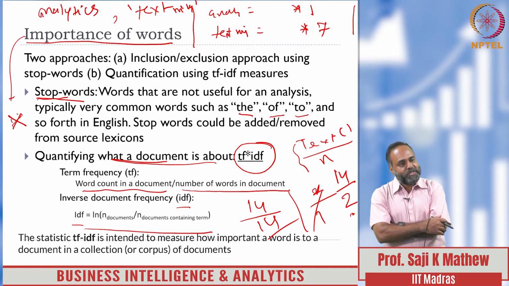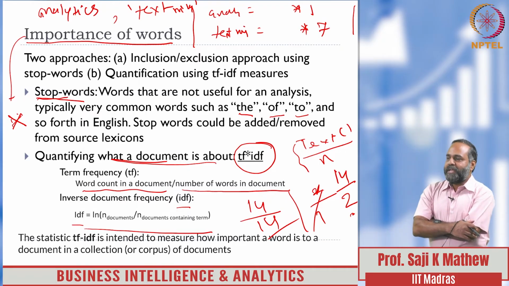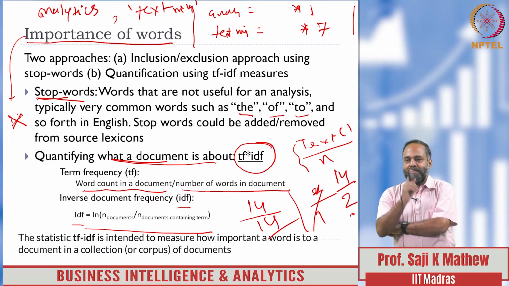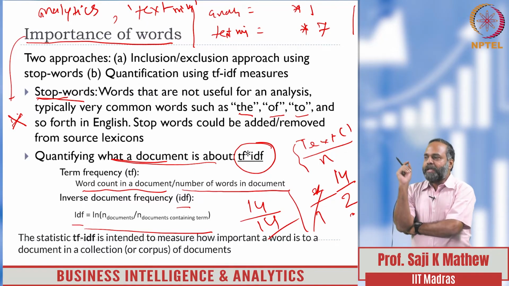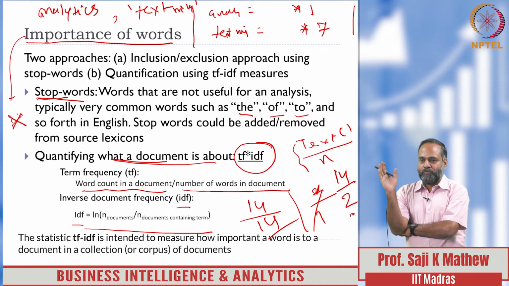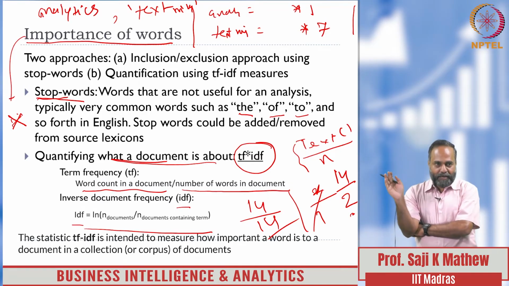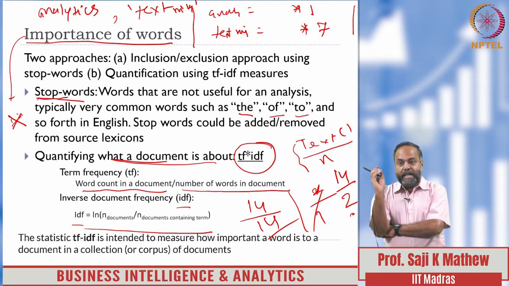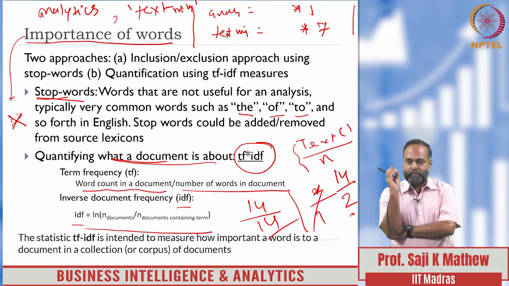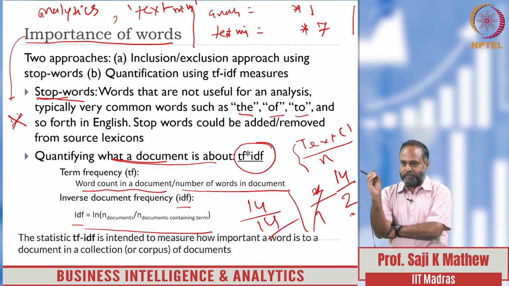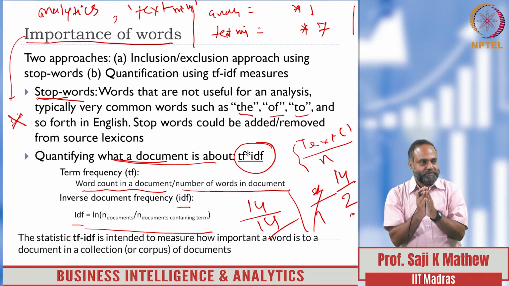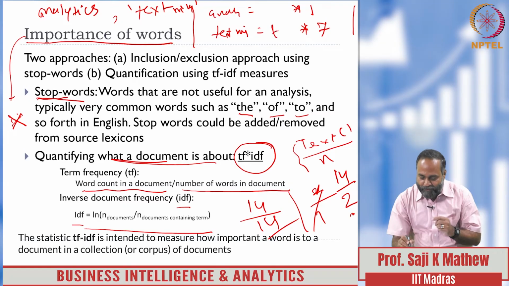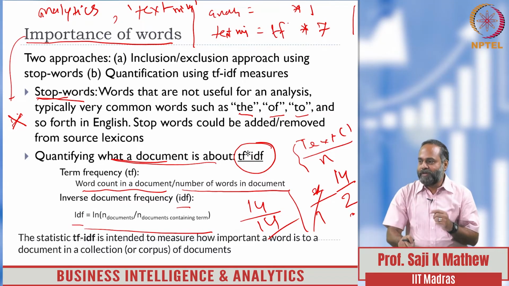Now do you get a sense of why you use the IDF? Analytics is a repeating common word; it is there everywhere. But text is a very niche or unique word, and it is available only in one document, and TF will give you how important that word is within that document.